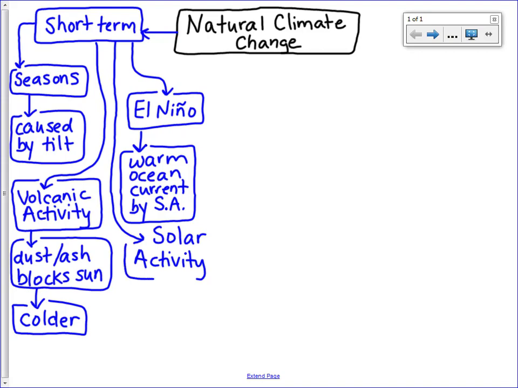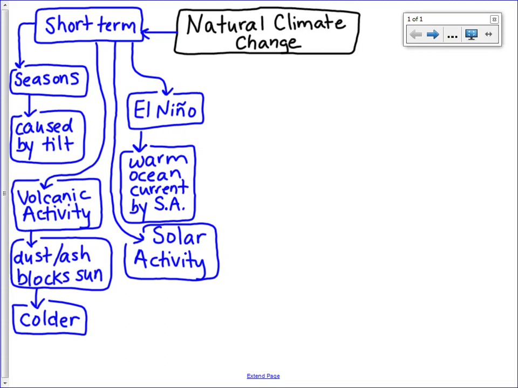Solar activity has to do with the number of sunspots. Again, that's something we'll learn about a little more in the next chapter. It also has to do with the amount of solar storms, or storms of solar particles that we get from the sun. Just this past week, there was a solar storm where you could see the northern lights as far south as Chicago, and there were some pretty amazing pictures taken from around Lake Michigan up there this week.